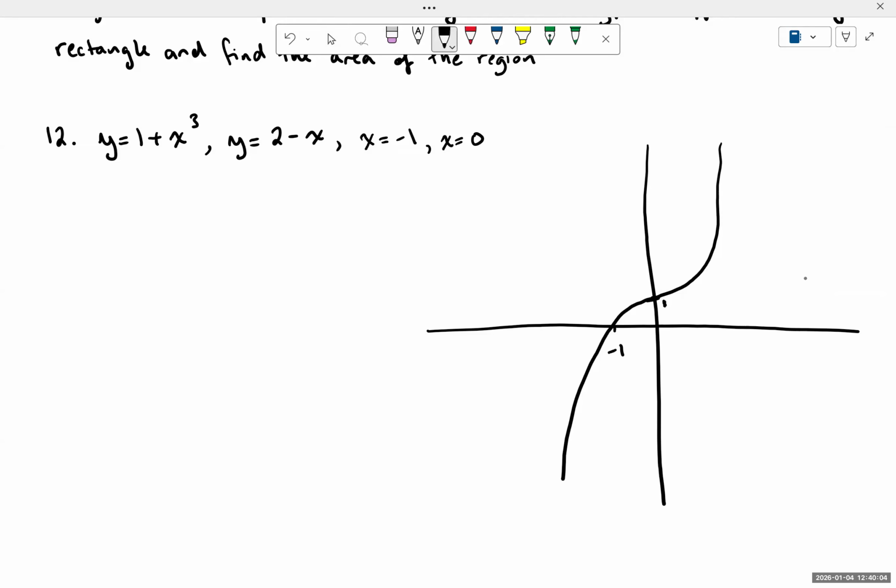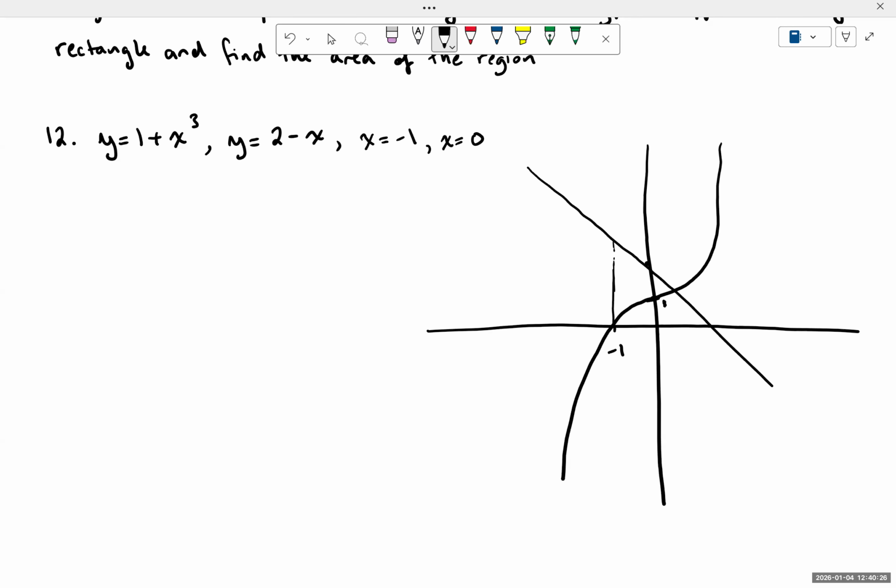All right, and then y equals 2 minus x, that's y equals minus x plus 2, 1, 2 here. That's going to look something like this. And then x equals -1 and x equals 0, those are going to be here.